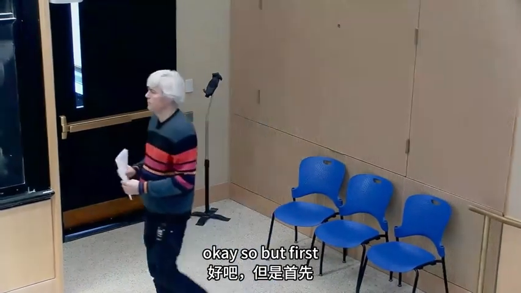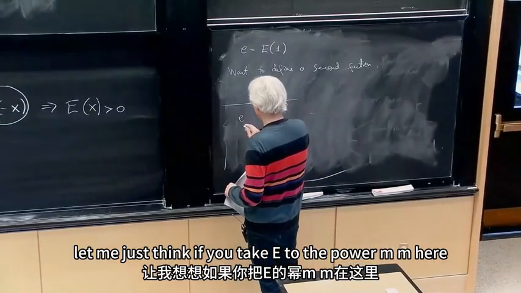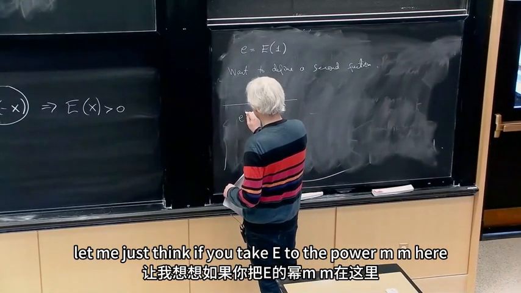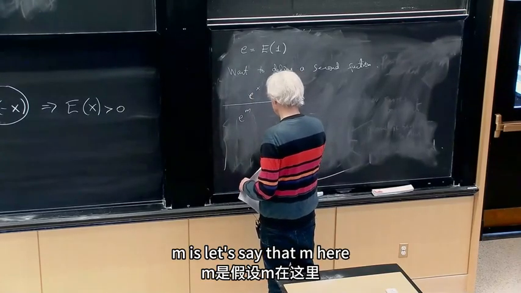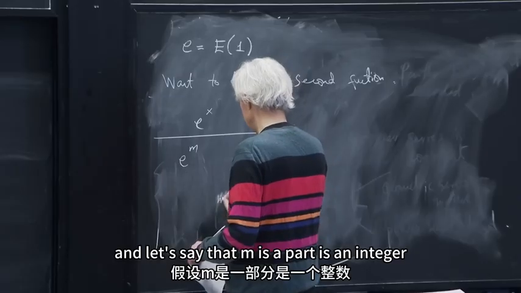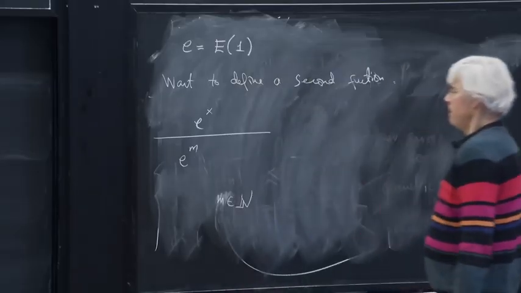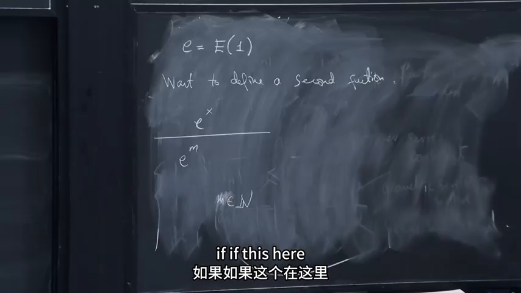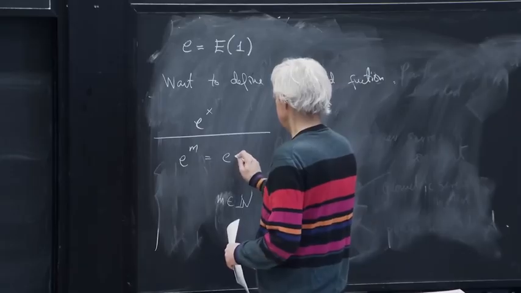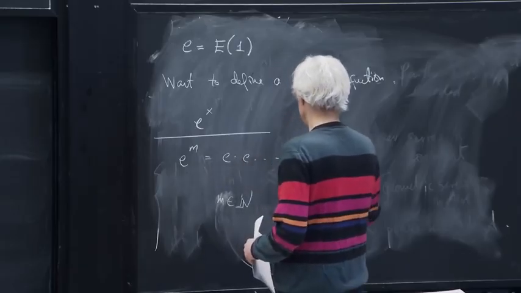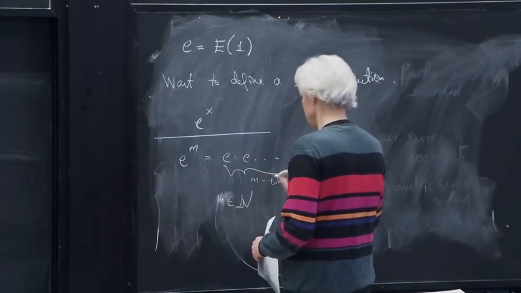Okay, so but first, before I do that, let me just think, if you take e to the power m, let's say that m is an integer, this here should just be e times e, m times, right?